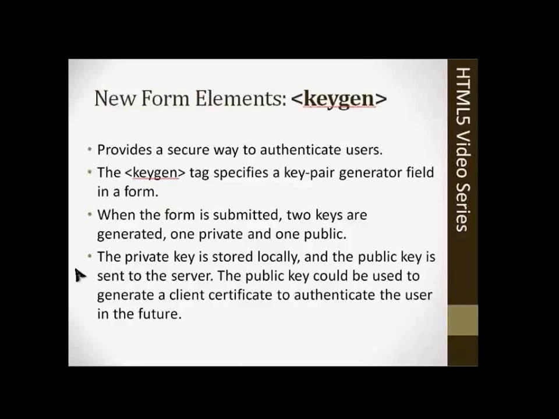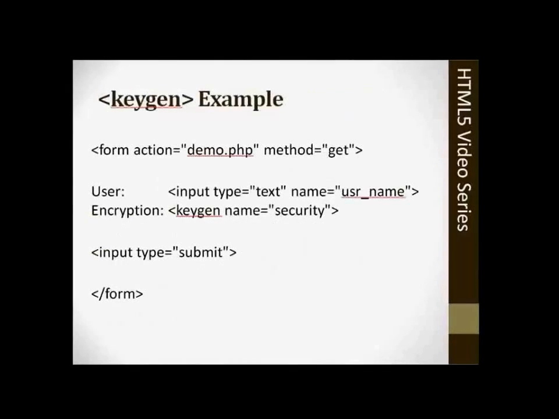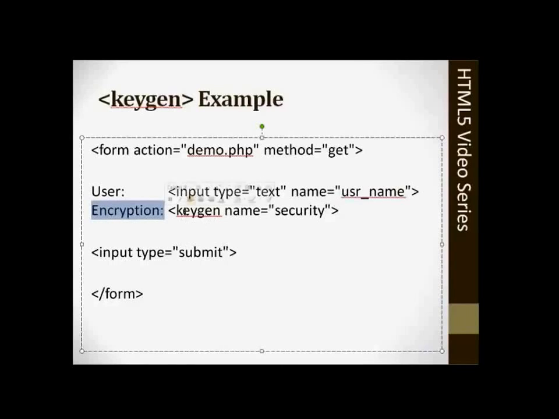So it does have some server activity. I haven't used this yet. It looks pretty neat, but a little advanced. Here we have an example: a form going to a demo.php file using the get method. We have a text field with the name, then encryption with a keygen tag named security, and then the submit button. I'm not going to get too deep into that.